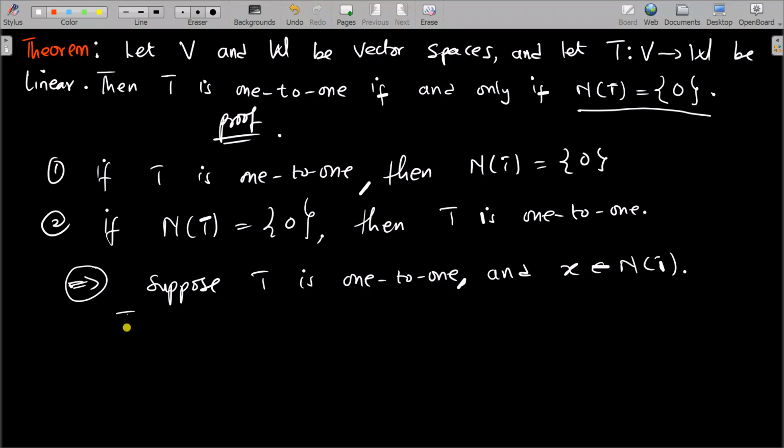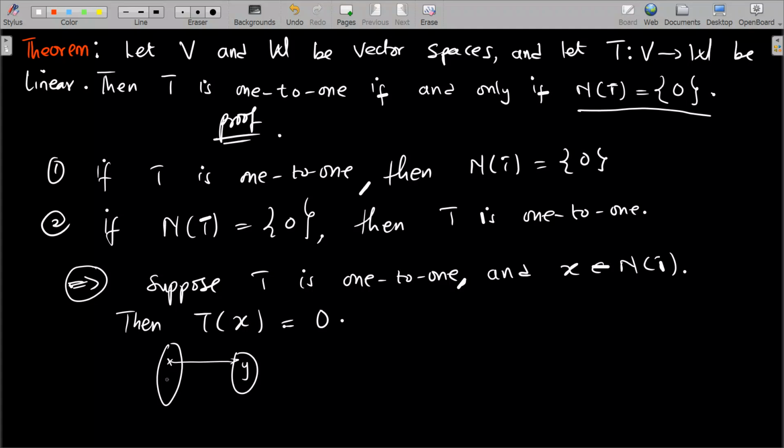Then what can I say? What is the transformation of x? Because x is part of the null space, T of x is equal to 0. And we know that T is 1 to 1. What does it mean? 1 to 1 means that if I have something here and it maps to another thing, it should map to only this one.